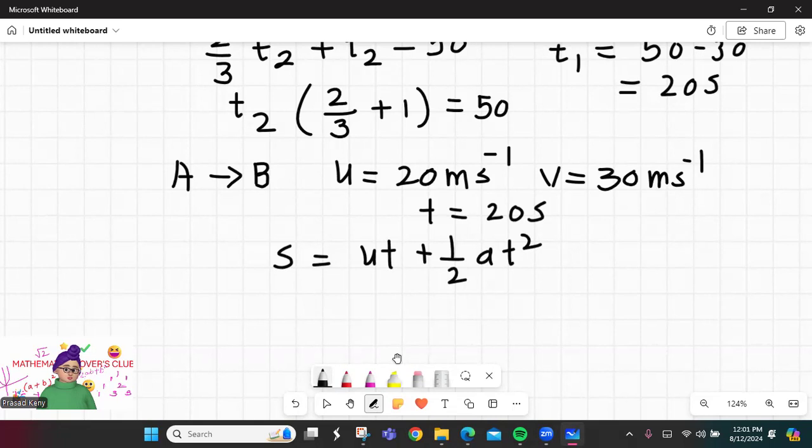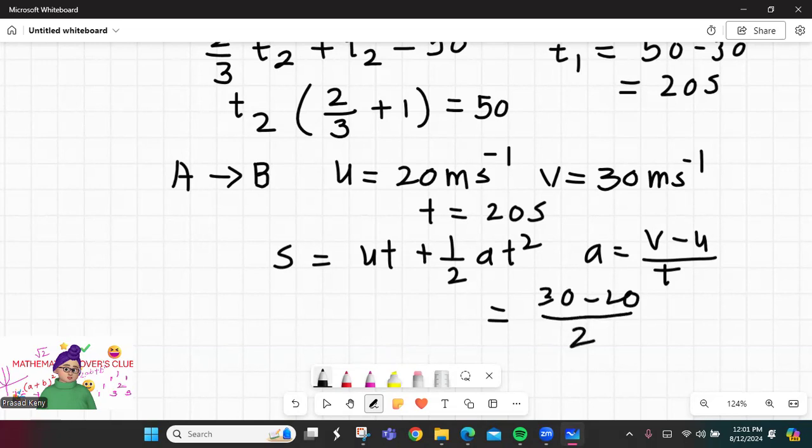So first, I will find out the acceleration, which is v minus u divided by t. That will give 30 minus 20 divided by 20, which is 1 upon 2 meter per second square.